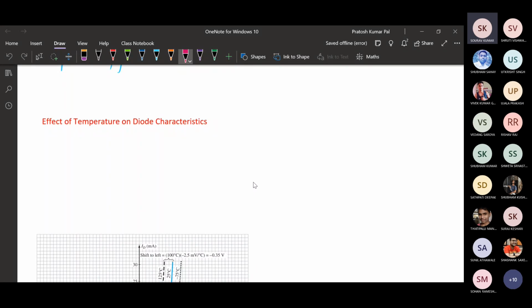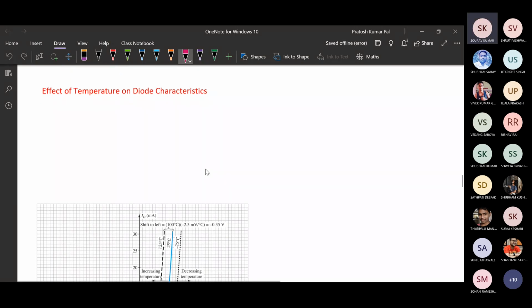Next, we will see how the diode characteristics depend on temperature. So here, basically, there are different characteristics.